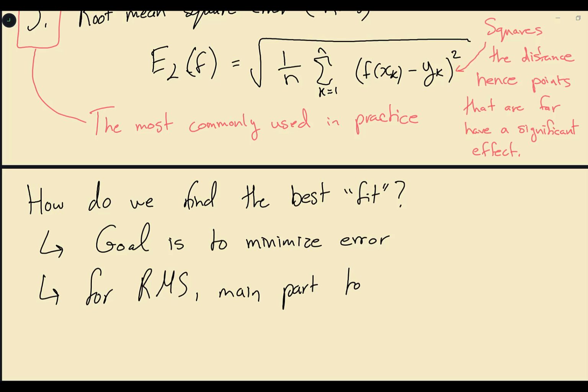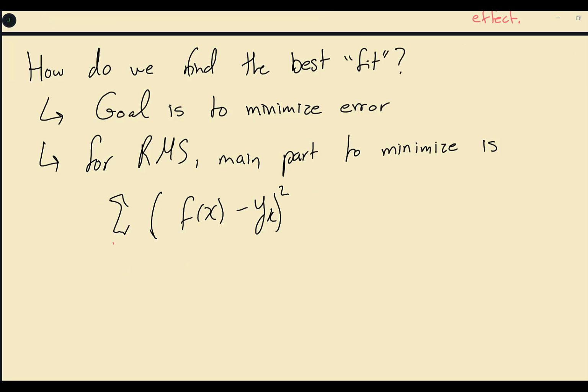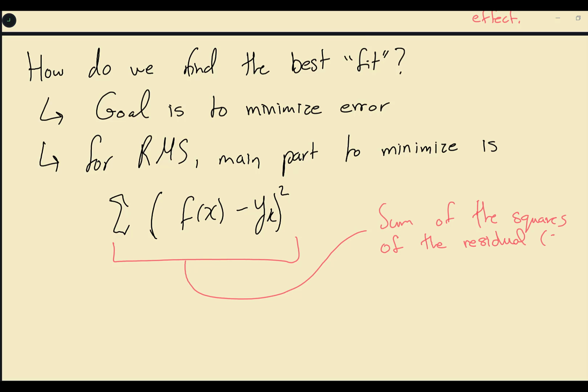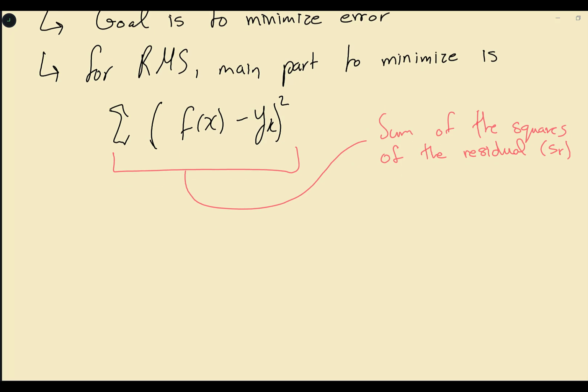So the main part to minimize is the sum of the values of the function subtracted by the experimental values, squared. This is called the sum of the squares of the residual, in short, SR. For a linear fit, we can plug into this equation what f of x is, which is the linear line equation.